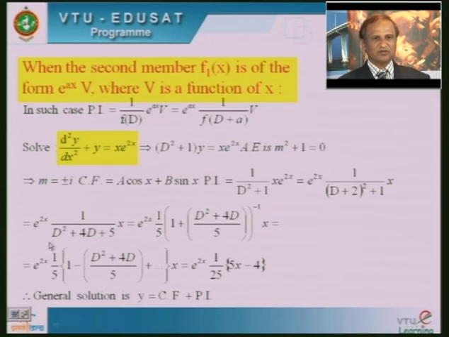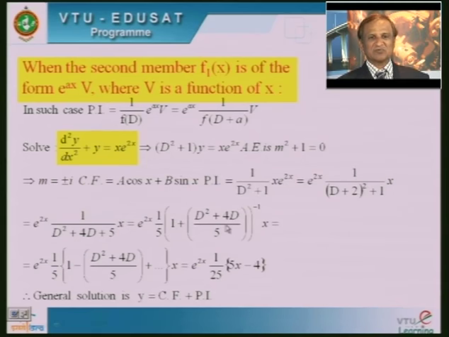If I take out 5 from all these terms, it can be written as 1 plus (D² + 4D)/5, and since I have written it in the numerator, the power is minus 1, into x.